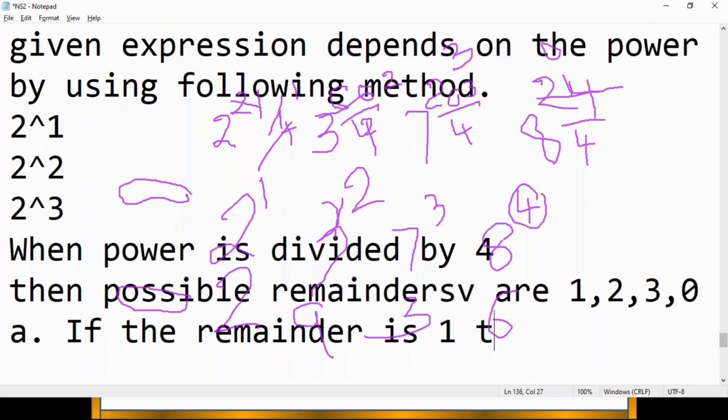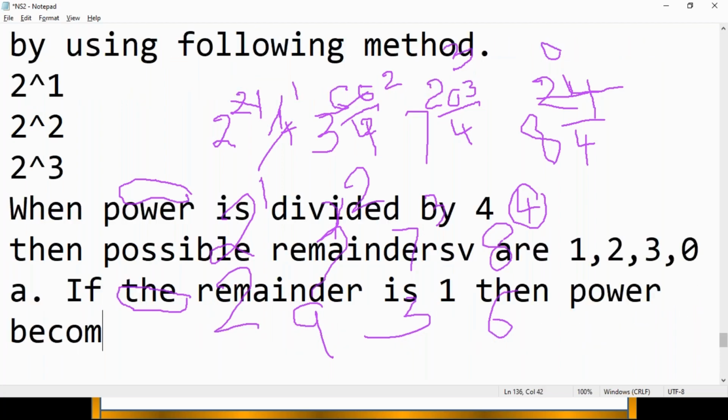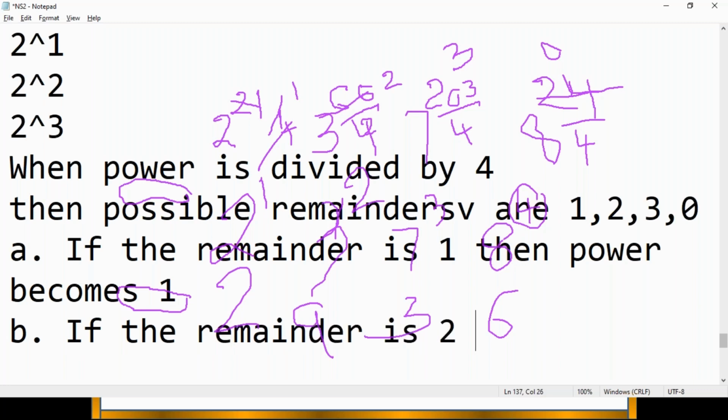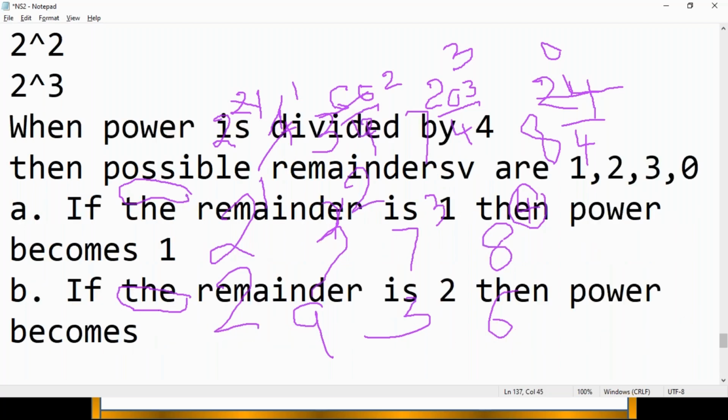If the remainder is 1, then the whole power, that may be 21 or 66 or 210, that may be any power, becomes 1. If the remainder is 2, then the whole power becomes 2.